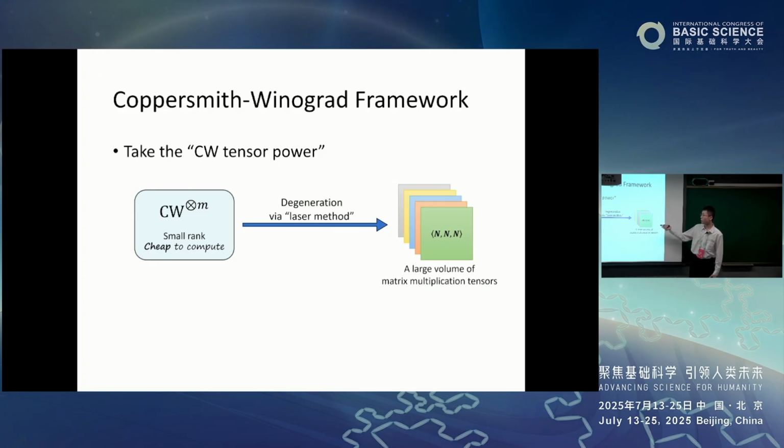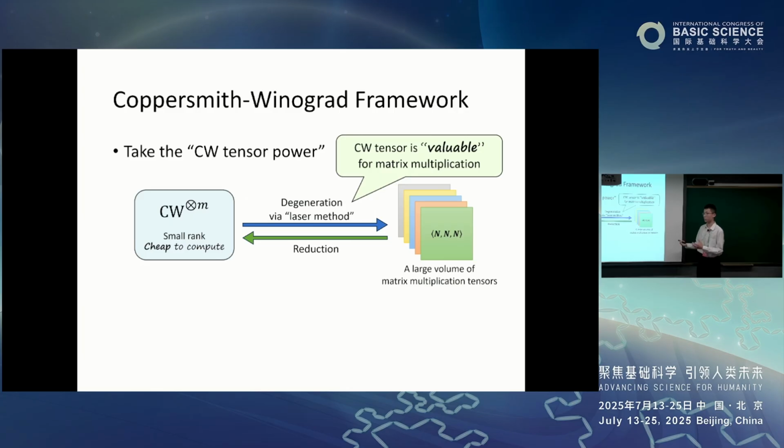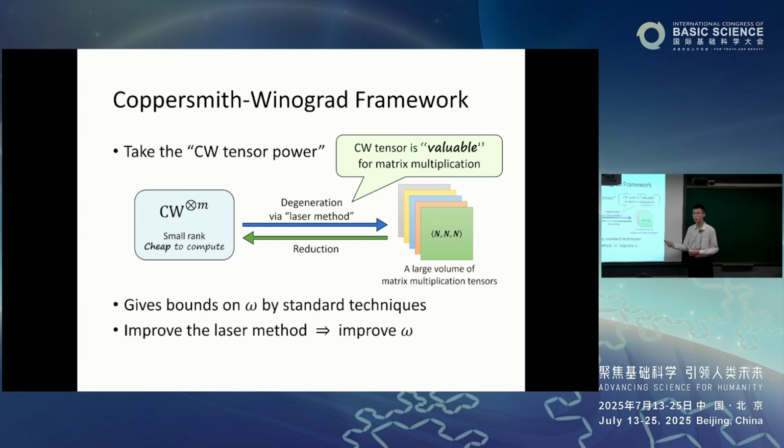You can think of this degeneration as a reduction from the right to left, which says that as long as we can compute the problem on the left-hand side, then we can use exactly the same resource to compute the problem on the right-hand side, which means that we can use that resource to multiply a lot of matrices. And this reduction is an explanation of the Coppersmith-Winograd tensor being valuable for our task of multiplying matrices. That property combined with the earlier fact that the left-hand side is cheap to compute would give us an upper bound on omega using standard techniques.